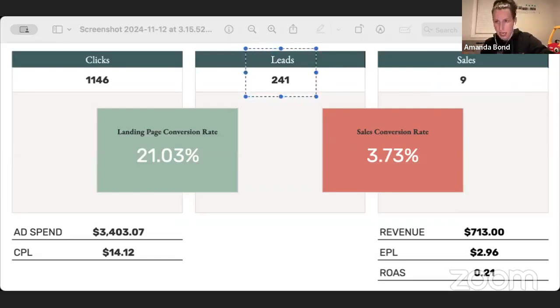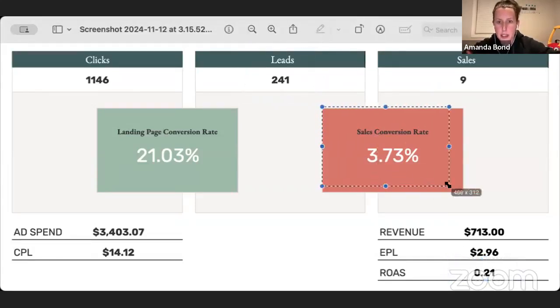Hypothetically, yes, right? That's an assumption we can make until we actually go prove it. So if we do 2.5 times the increase, that could take us potentially to a ROAS of 0.56 by improving the sales page conversion rate here to 10%, right?